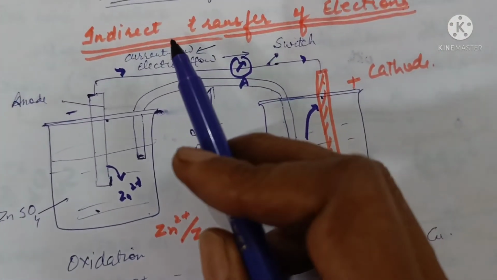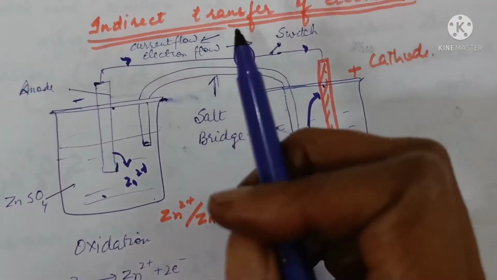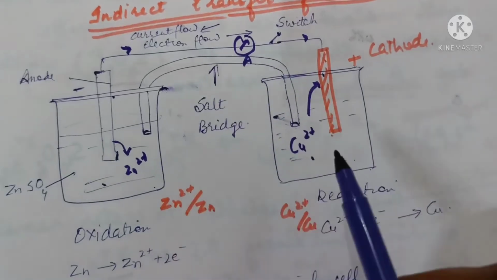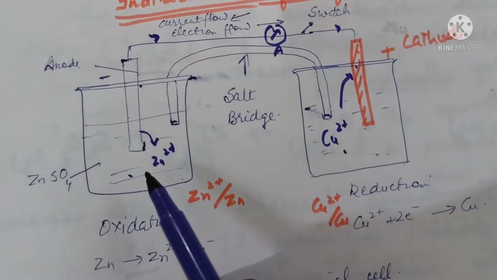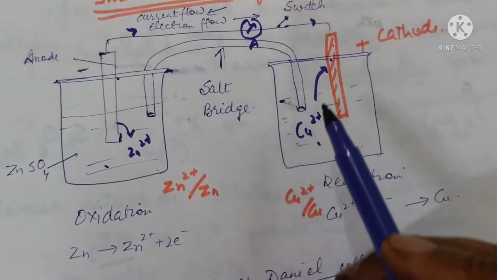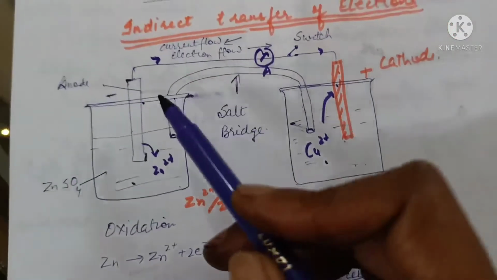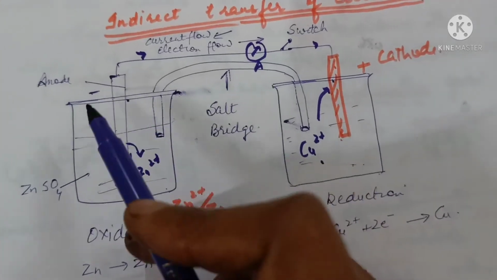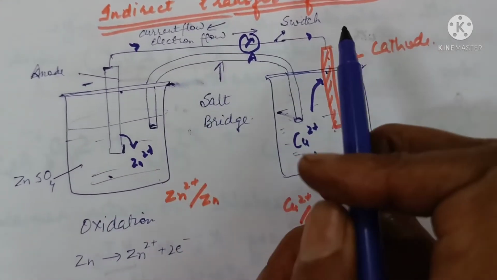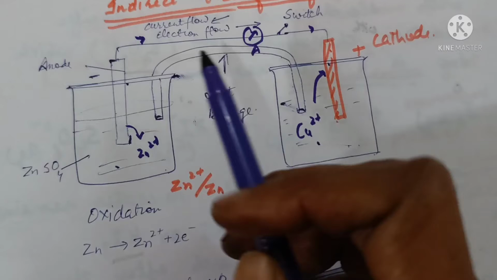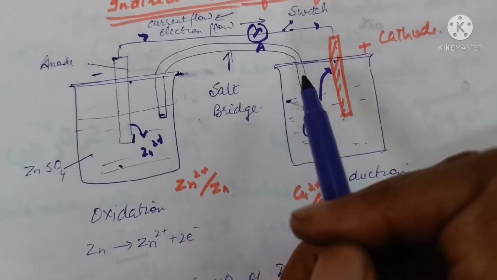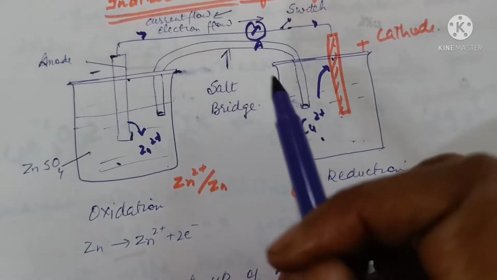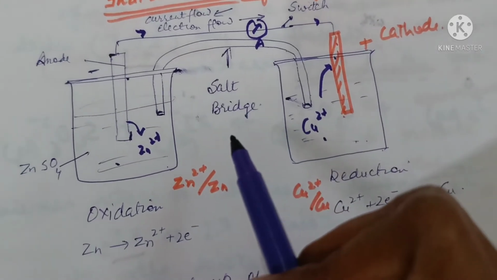So when we are carrying out this reaction between zinc and copper ions, indirectly we place zinc rod in zinc sulfate solution, copper rod in copper sulfate solution. We connect the two beakers with a metallic wire from the outside, and from the inner side we will place a U-shaped tube which is called the salt bridge.